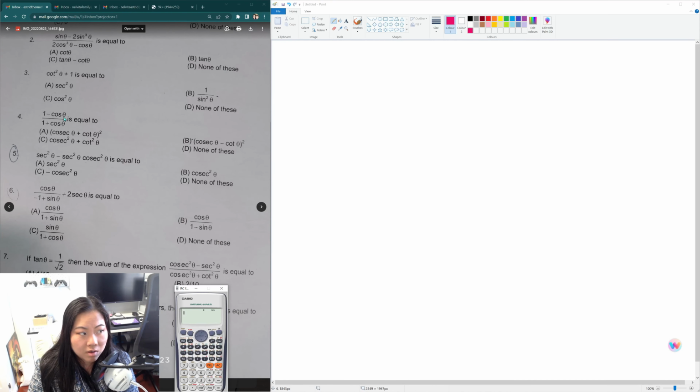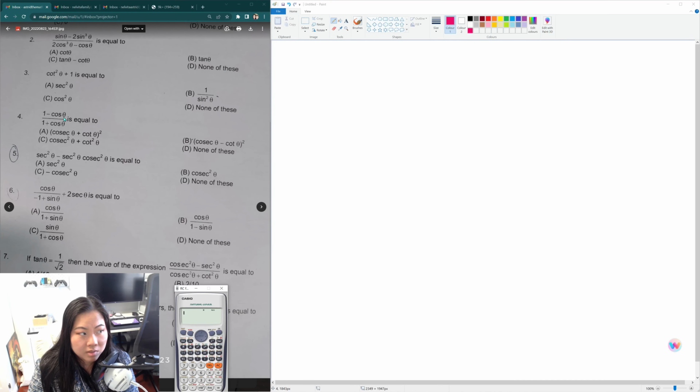1 minus cos theta over 1 plus cos theta is equal to what? I am going to multiply this by 1 minus cos theta on 1 minus cos theta.